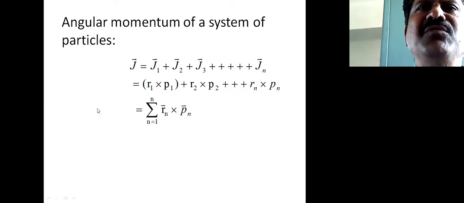Then the angular momentum of the first particle, J1, is equal to r1 into p1.